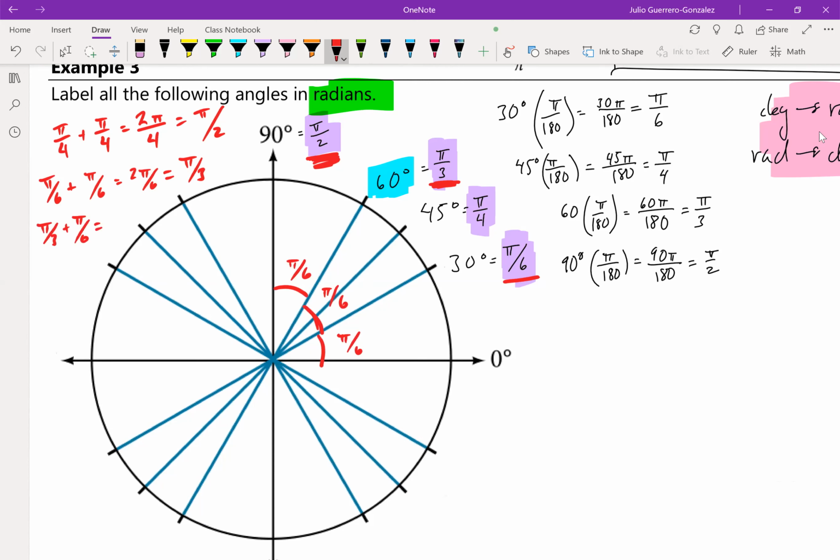That's going to be 3 pi over 6, which is pi over 2, which is what we were supposed to get to begin with anyway. Got it? Stop me if you need me.